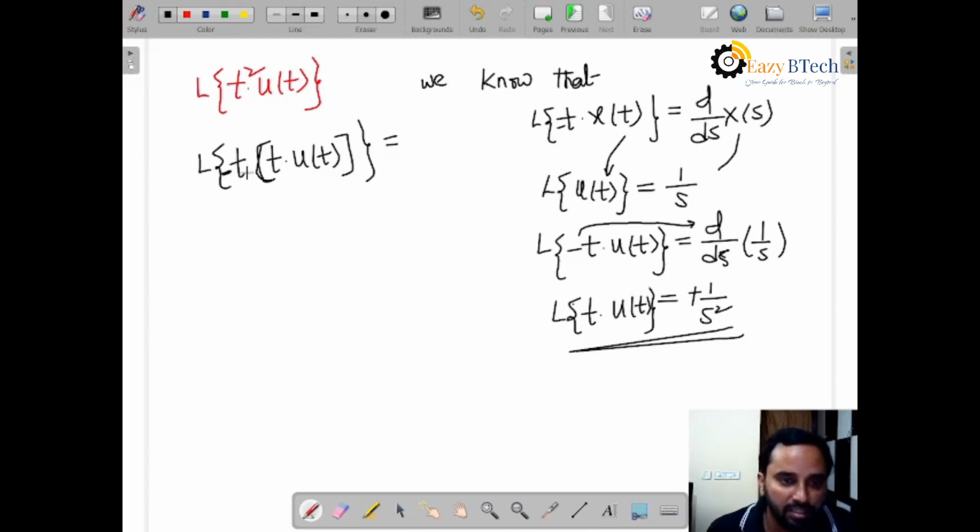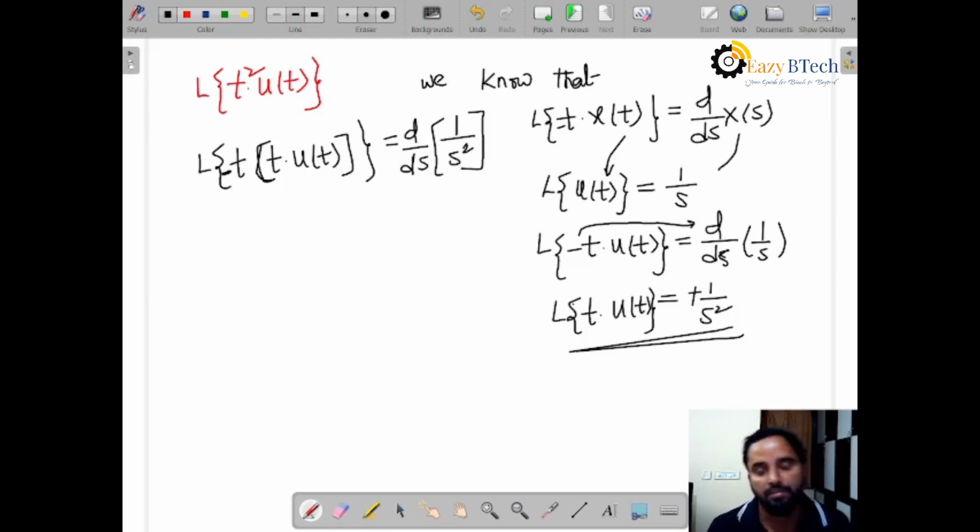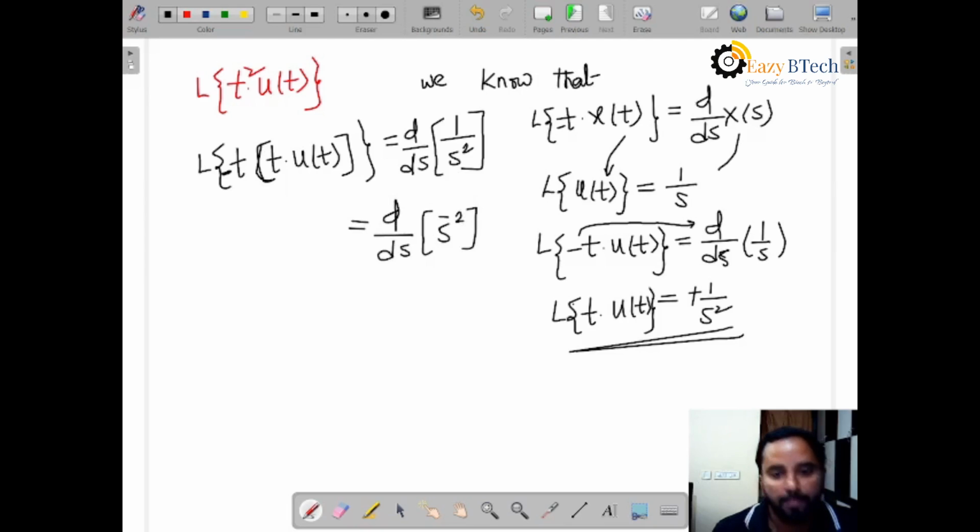So minus t, again t into u of t is equal to d by ds of 1 by s square. So this simply we can do differentiation d by ds of s power minus 2, right?